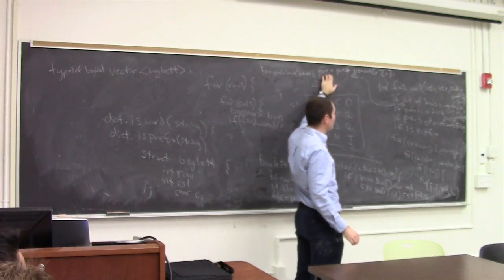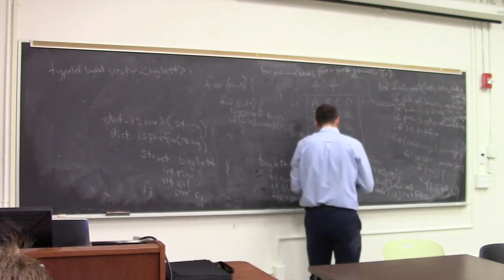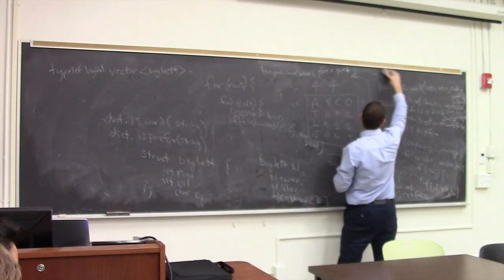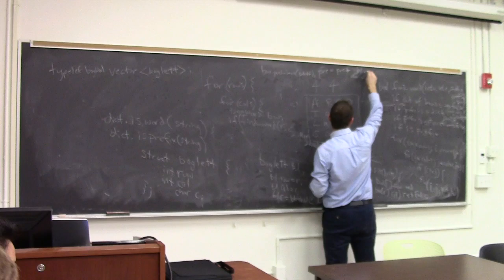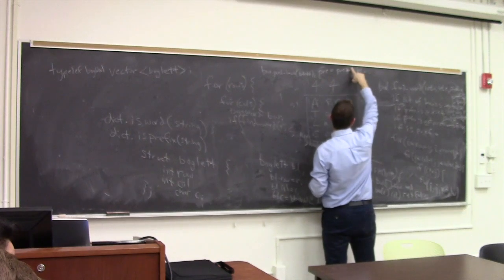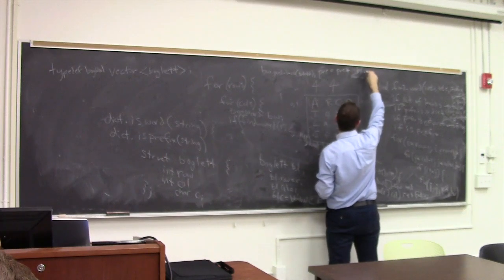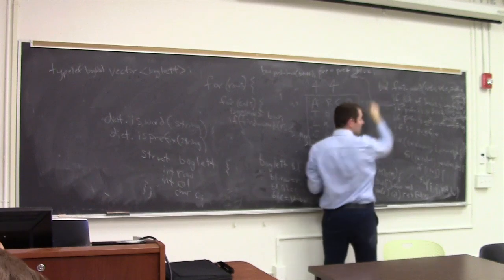Then we create our prefix. Since we've got a bog letter, we don't need to grab it from the board again. We can just say pre equals pre plus BL dot C. That would do it.